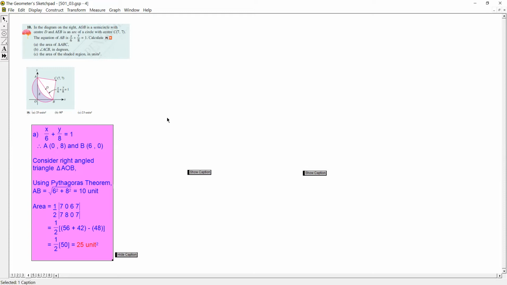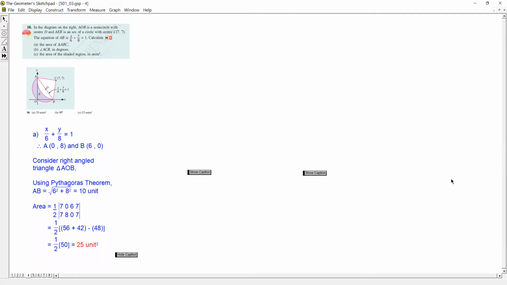If you say okay, then I continue. For x over 6, it means the x coordinate is 6, and the other coordinate is 0. Can you ask the question again?